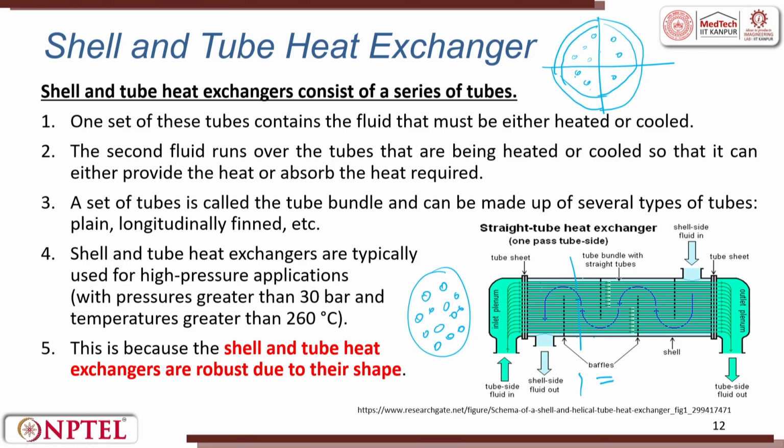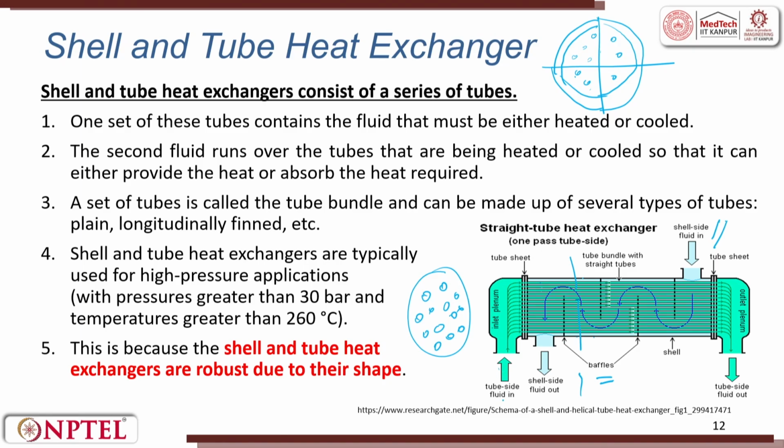Then you will see there is a shell side fluid in, and there is a fluid which goes through the pipes. The shell side fluid can be air or water, and inside the tube again it can be air, water or any other fluid.